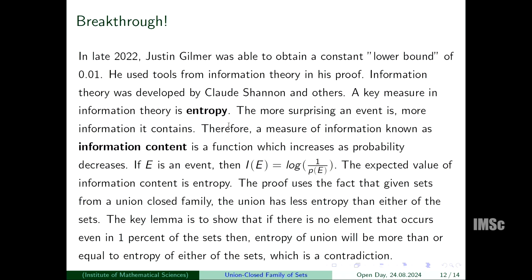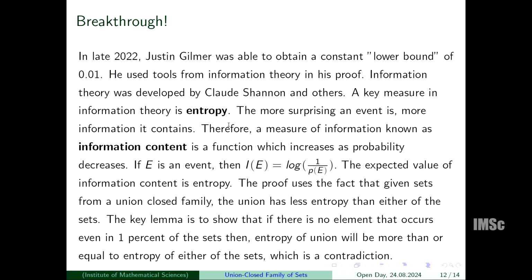A key measure in information theory is entropy, and it's the same entropy that you just heard about. A measure of information is known as information content. Information content is a function which increases as probability decreases, for the same reason that I just described, because probability is a measure of how likely an event is.